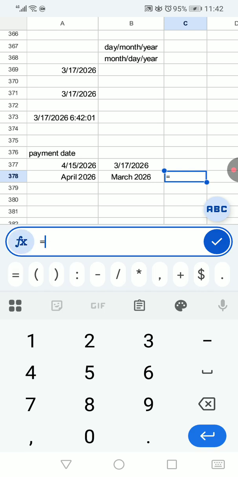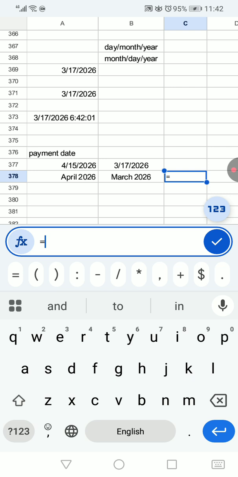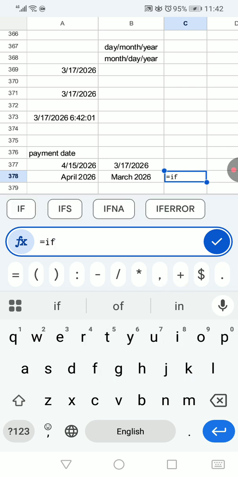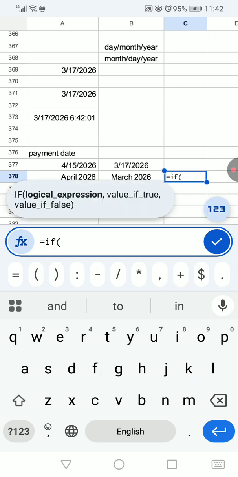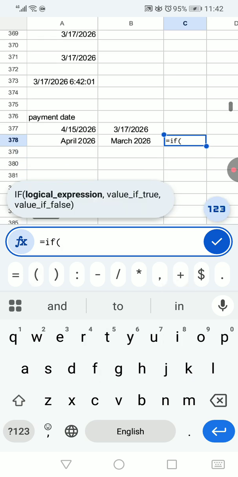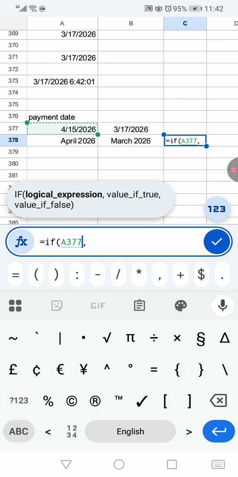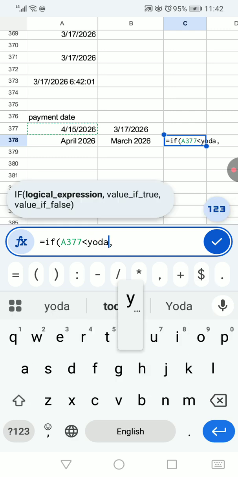Okay, equal to, and now you are going to make use of these dates. We have opened a formula and now we have selected the payment date and less than TODAY.